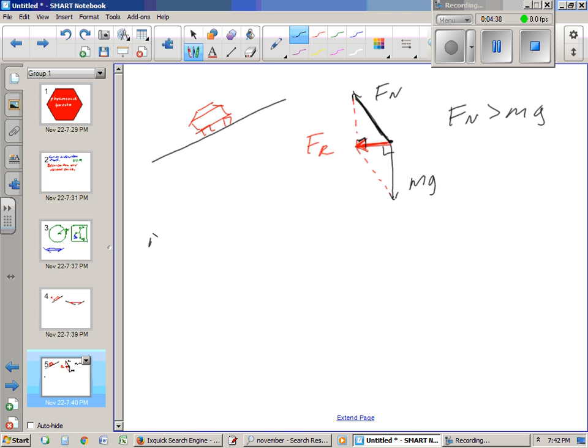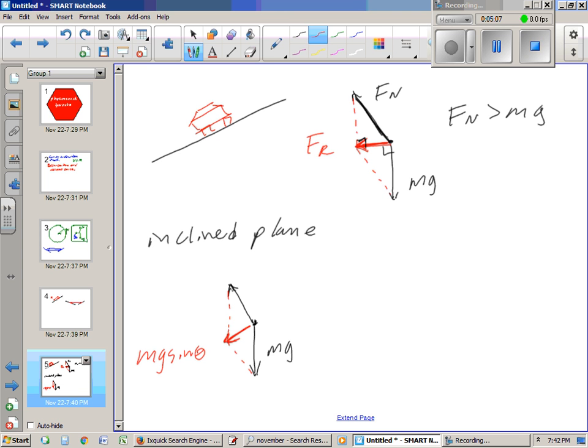If we do an inclined plane, what we find out is that mg is larger than Fn, and because of that, when we complete our parallelogram, the force down the hill is mg sine theta, and this is the normal force.